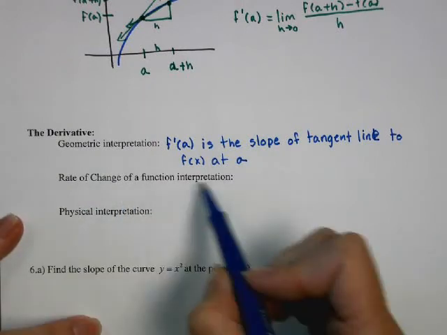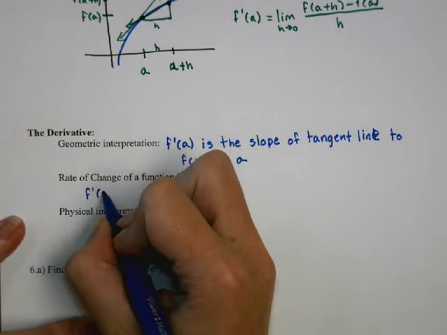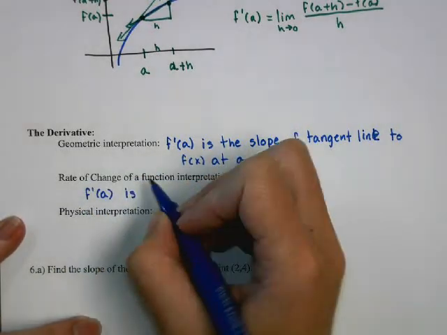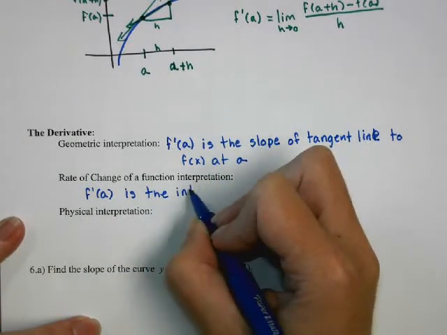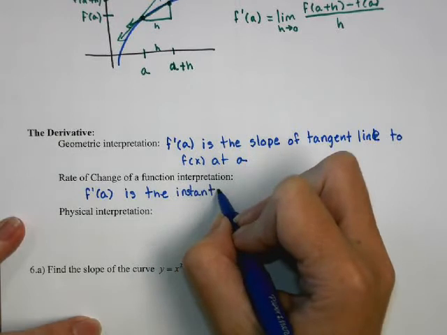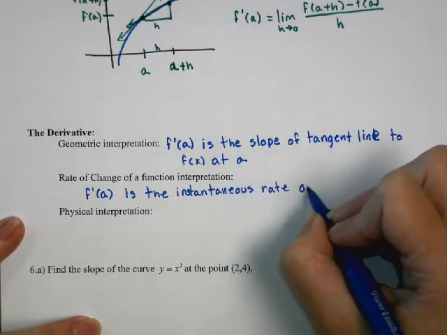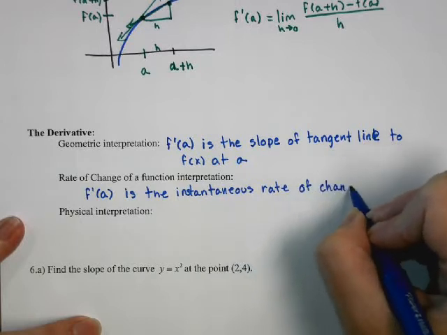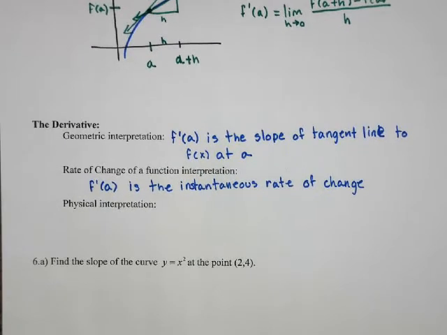The rate of change function interpretation of the derivative is that f prime of A is the instantaneous rate of change. So anytime you see the words find the instantaneous rate of change, we're going to be using a derivative. And then the physical representation, and for those of you in physics, this will kind of make sense.